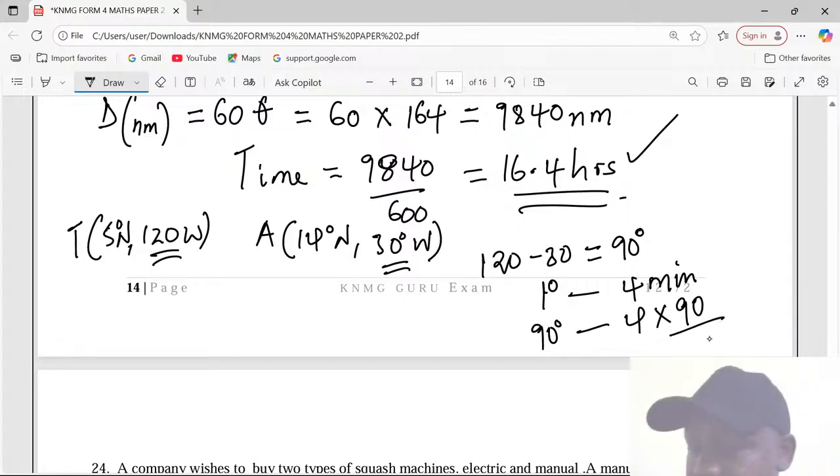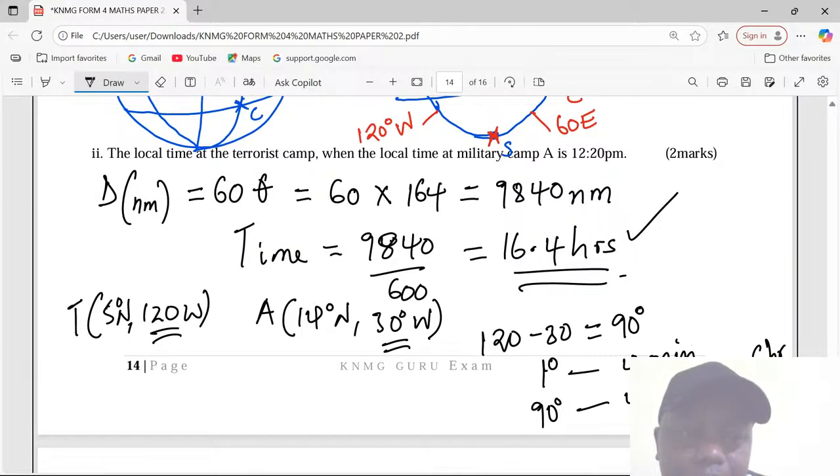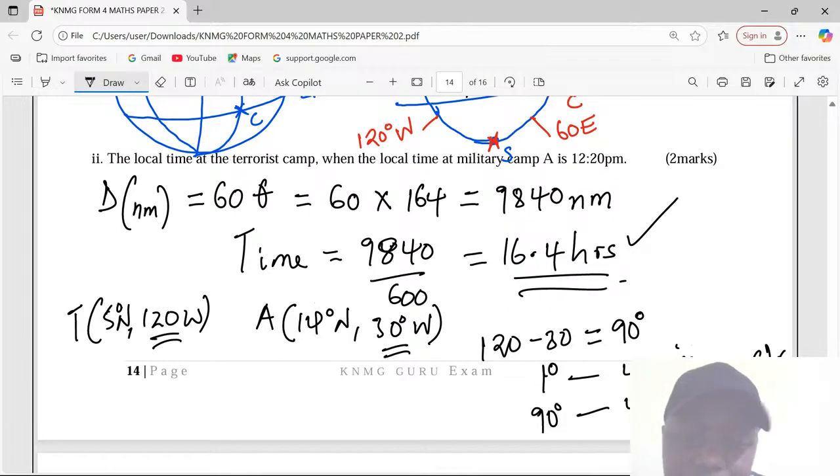We get time in minutes, so we divide by 60 to get hours. This is going to be 6 hours. So the terrorist camp, which is 90 degrees to the west, is 6 hours behind in time.